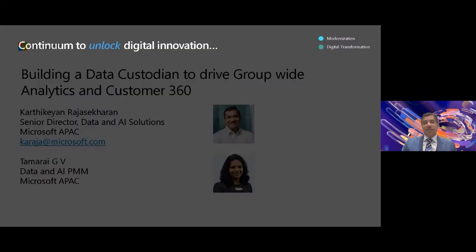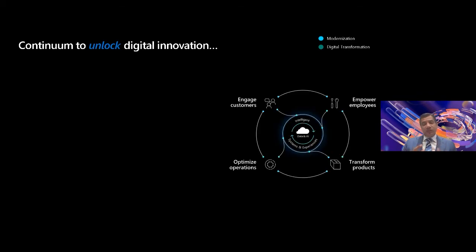Let's start by looking at what it takes to unlock digital innovation. The way we think about it at Microsoft is as a continuous feedback loop that provides you with better ways to engage with your customers, empower your employees, transform your products, and optimize your operations.